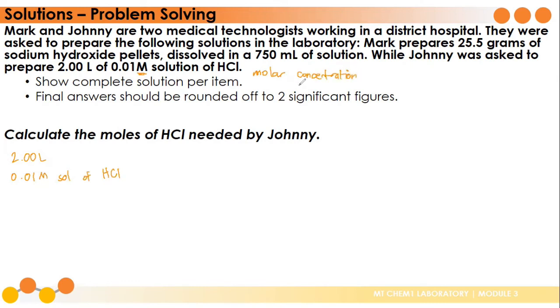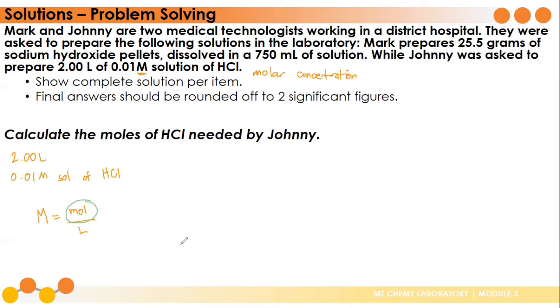Okay, so if we are talking about molar concentration, we will use the formula for molar concentration, which is the same formula that we used a while ago. That is M is equal to moles divided by liters. But the difference for this one is that we are looking for our moles.